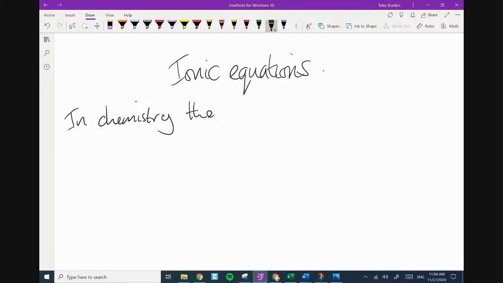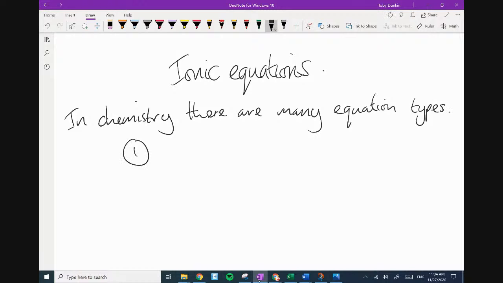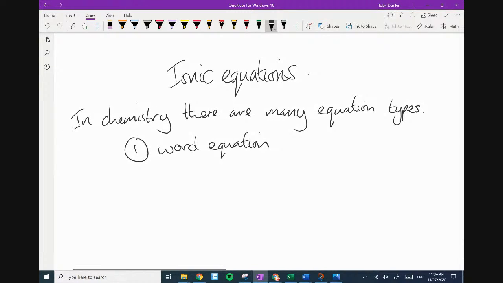In chemistry, there are many equation types. Number one, word equations. You'll never write these anymore, guys, at A level. I say never, very unlikely at A level.